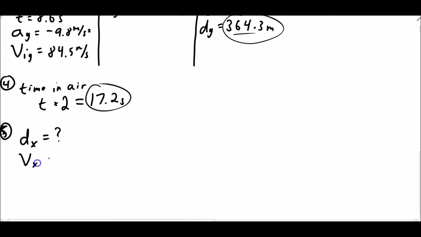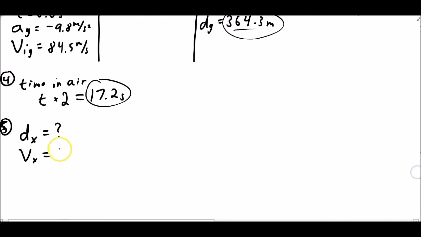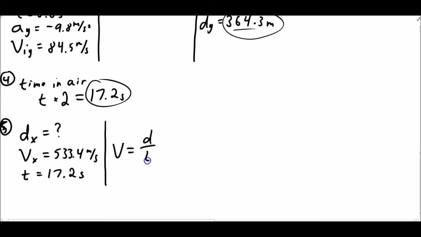We know vx, although we're going to look back up here to see what it was. It's 533.4 meters per second. We solved in part 1. And we know the total time in the air, because it goes all the way up and all the way back down. That was 17.2 seconds. Now we have distance, velocity, and time. So we will use v equals d over t.